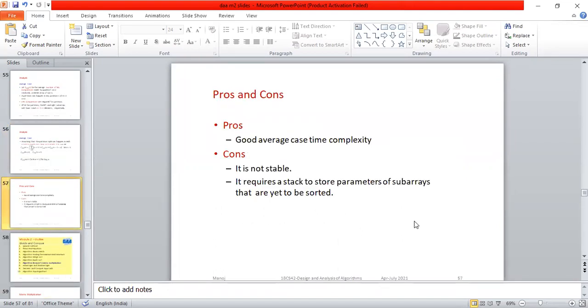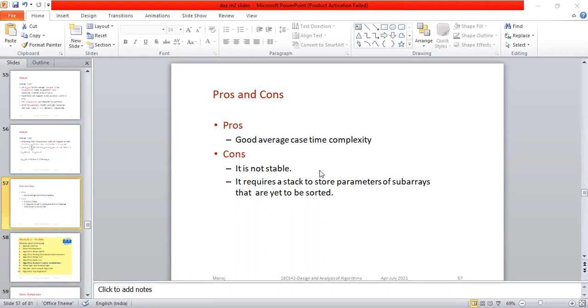Understood up to here? Understood the time complexity of quicksort? So this lecture goes up to the analysis of quicksort.